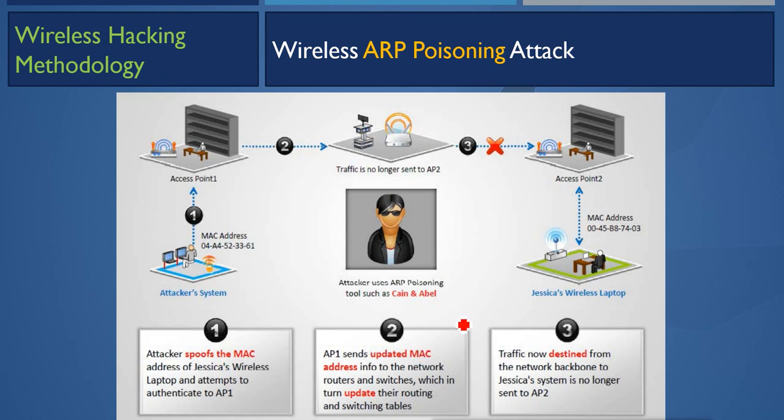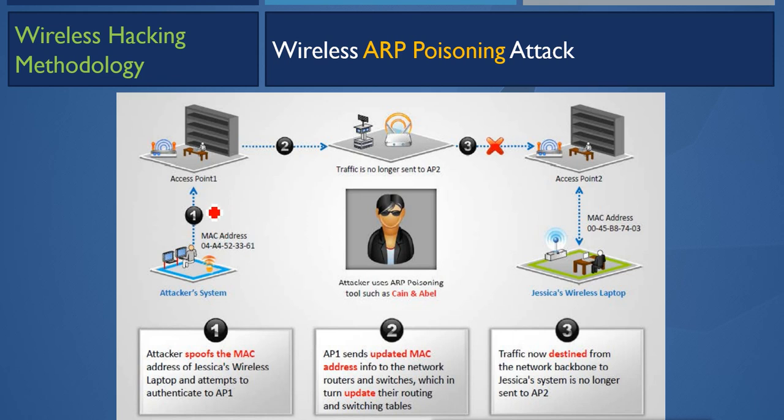Now traffic destined from the network backbone to Jessica's system, the user system, is no longer sent to AP2, which is the AP connected with the user Jessica. Here the attacker sends the information that it is Jessica, and the routers and switches around here think this MAC address is available here.